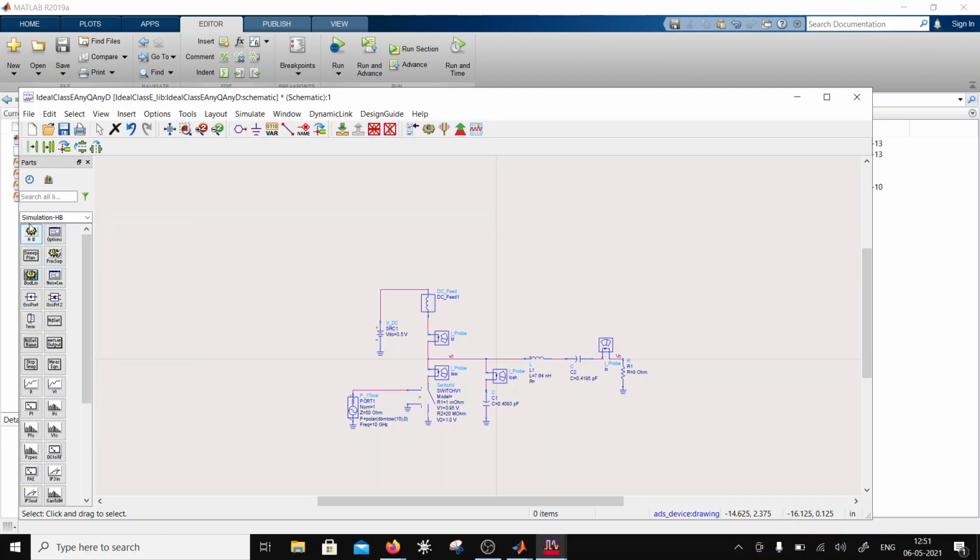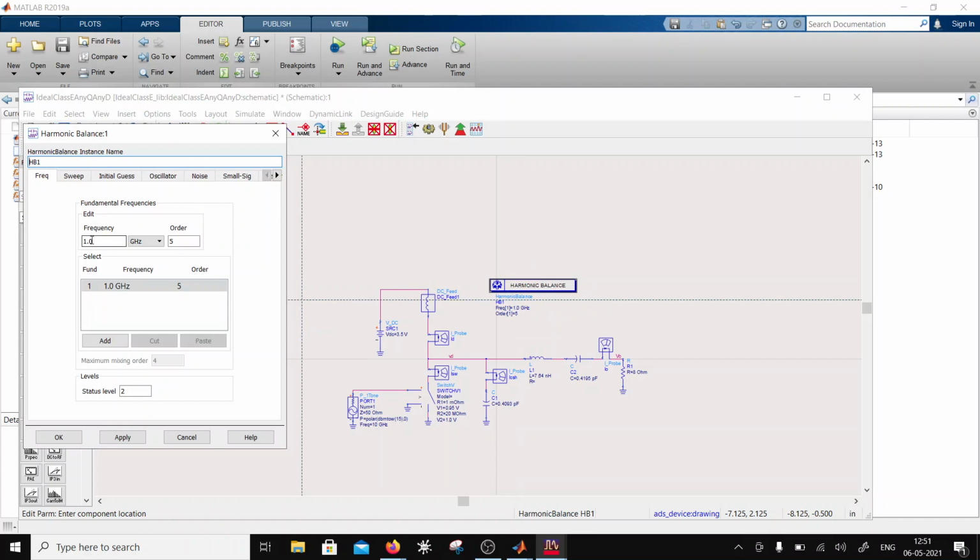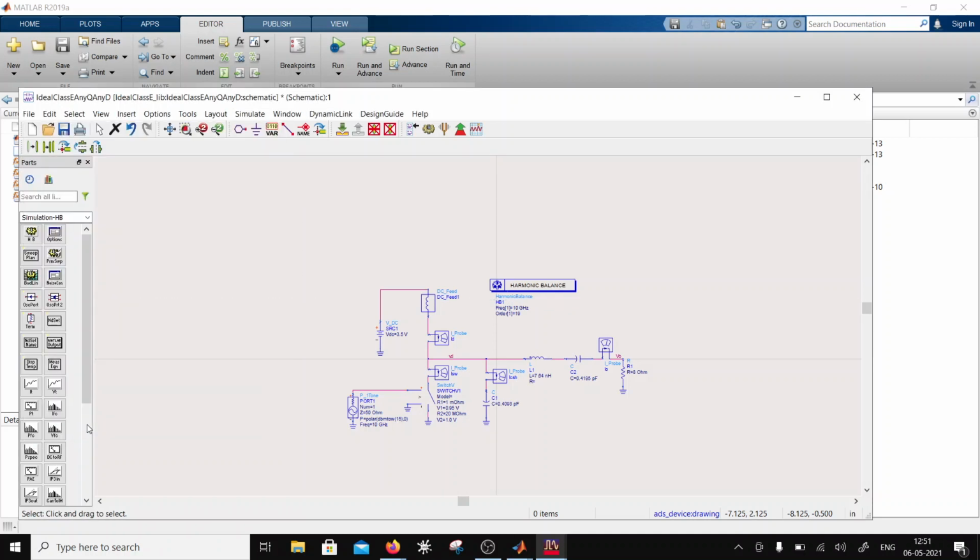Simulation HB, and I am going to run this HB at 10 gigahertz. I'm going to choose 19 harmonics, right? Okay, and say okay. I'm not going to look at output power, and I'm just going to look at the voltage waveforms first, and then we will think about the powers.